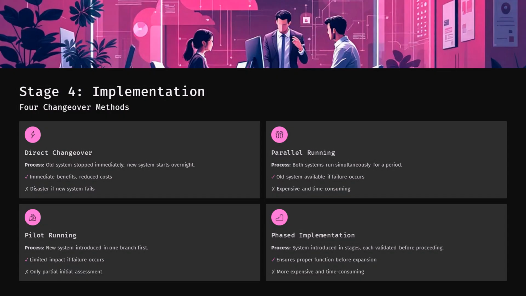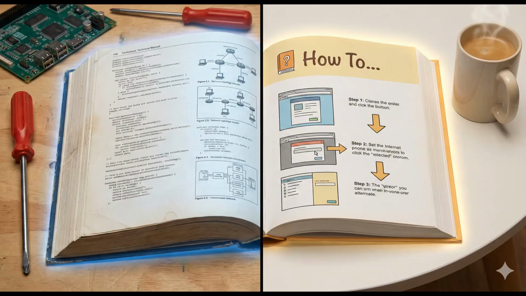Moving on to stage 5, documentation. Comprehensive documentation is absolutely essential for both system maintenance and user adoption. There are 2 distinct types of documentation you need to know about, and they serve very different audiences and purposes. Technical documentation is for programmers and IT staff who need to maintain and update the system.